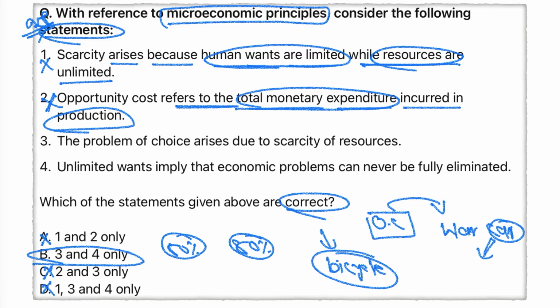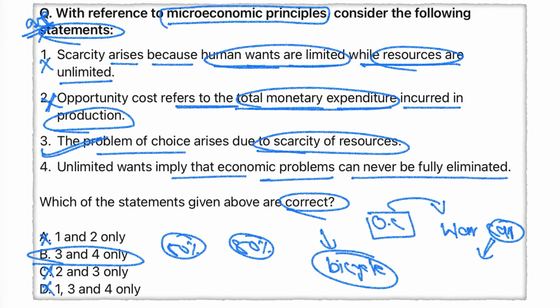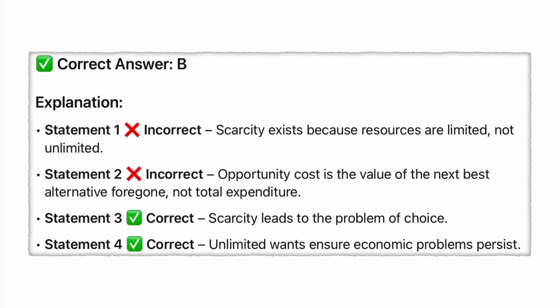Now discuss 3 and 4. Problem of choices arises due to scarcity of resources. Exactly. Unlimited wants imply that economic problems can never be fully eliminated. It's correct. Let's discuss the answers. Scarcity exists because resources are limited and not unlimited.